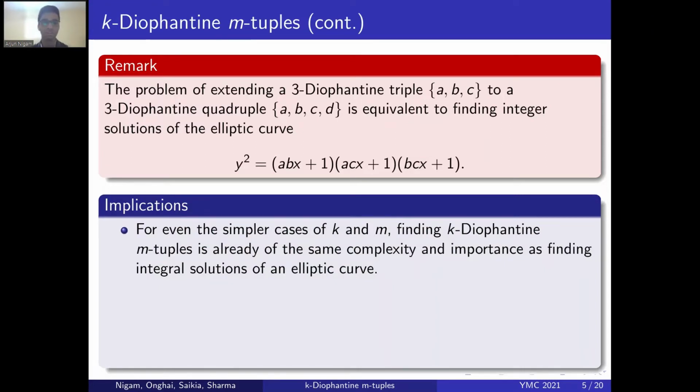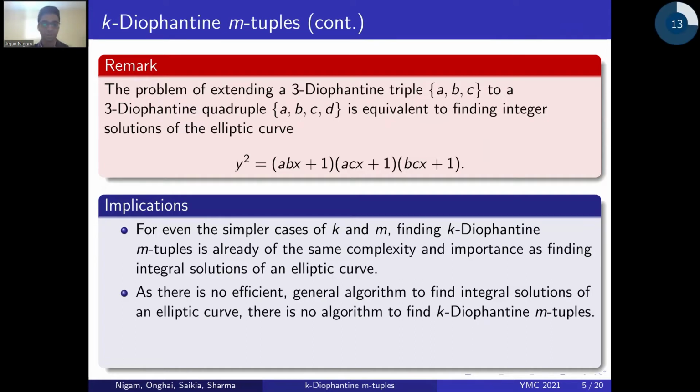So as we can see, even for simple cases of k and m, it's a very complex task, as it is the same complexity as finding integral solutions to an elliptic curve. Since there is no general algorithm to find integral solutions to elliptic curves, there is no general algorithm to find k-Diophantine m-tuples.